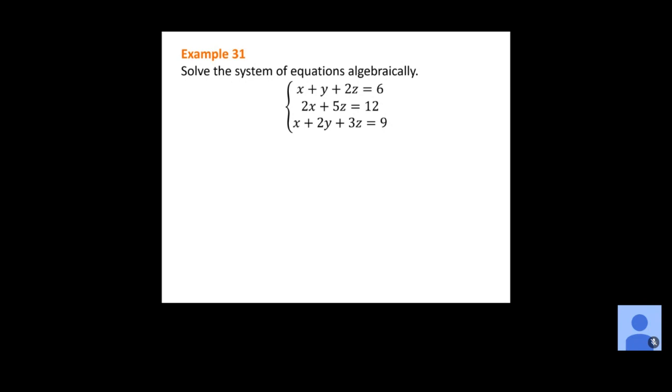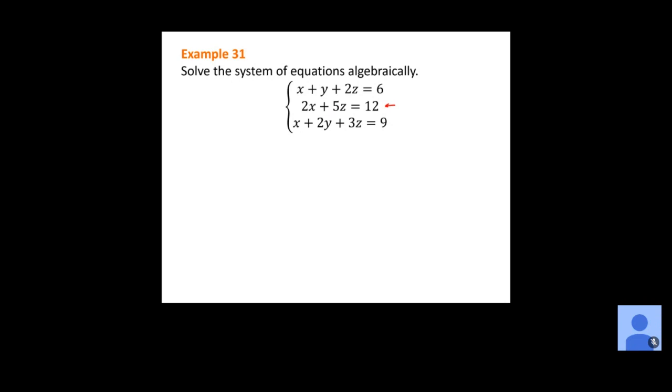So not x, right? Because our second equation is in terms of x and z already. So if we eliminate y, then we'll have two equations that are just in terms of x and z, right? So that's why in this case, since y is already eliminated from the second equation, we can just work with the other two and try to eliminate y.